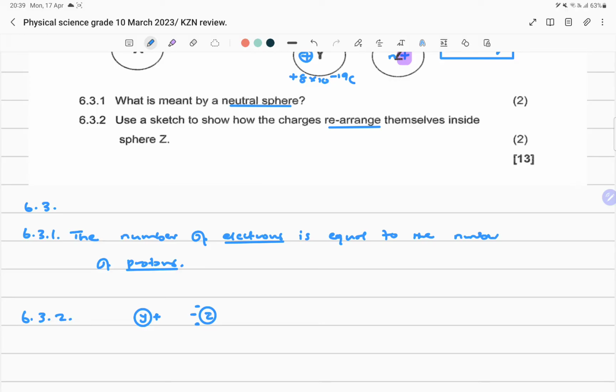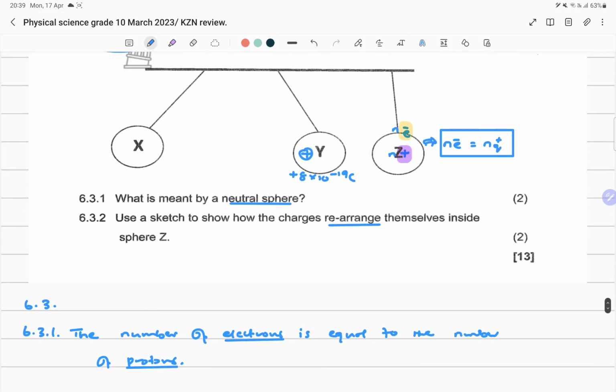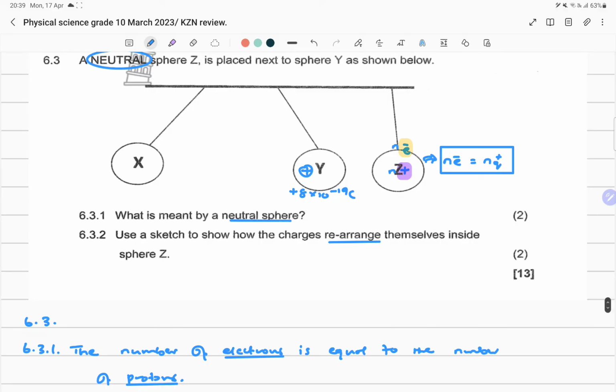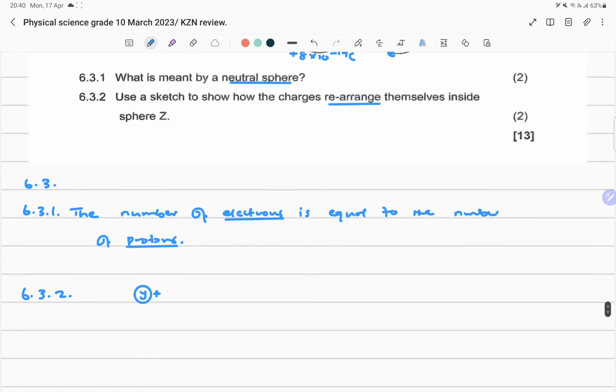Whereas the positive charges will sort of remain. Okay, maybe let's do a better structure. Remember, these ones were evenly distributed all around the sphere. Maybe let's just show it nice and easy. So this is an electron, this is an electron, this is an electron. So do you see they're evenly distributed?